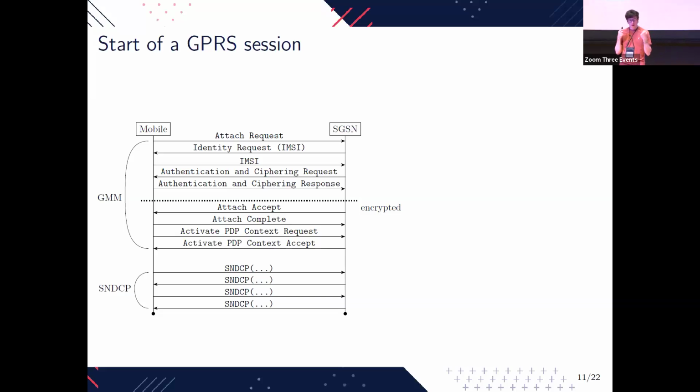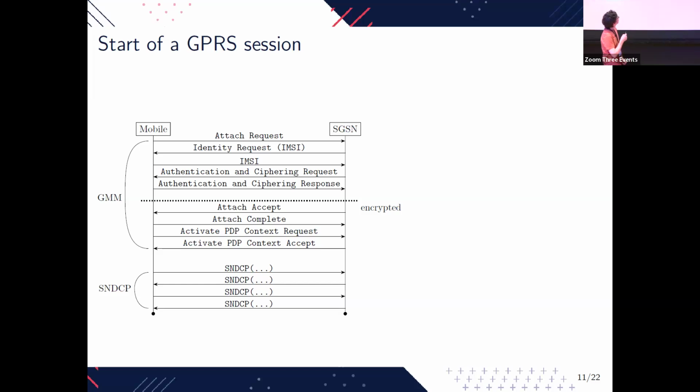Now we need 128 bits of plaintext. So let's look at what's encrypted. This is the initiation of a GPRS session. Basically, the mobile comes, it attaches to the network, it identifies itself, the network authenticates the mobile. Then encryption is enabled, so everything below is encrypted messages.